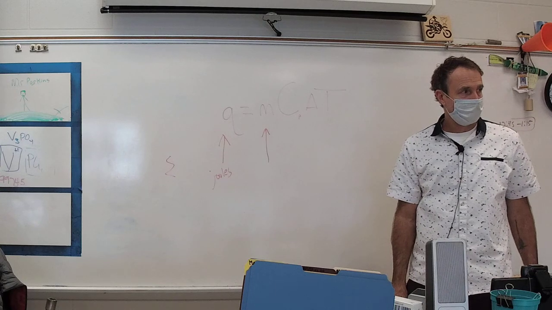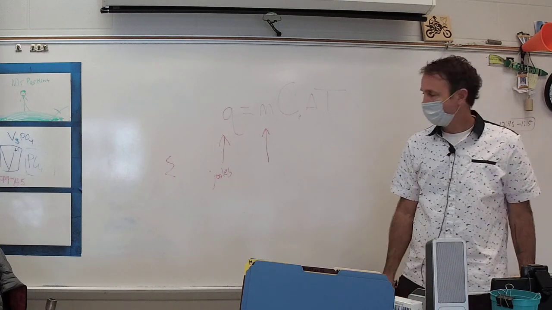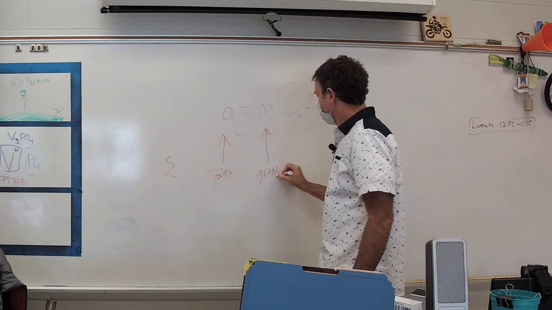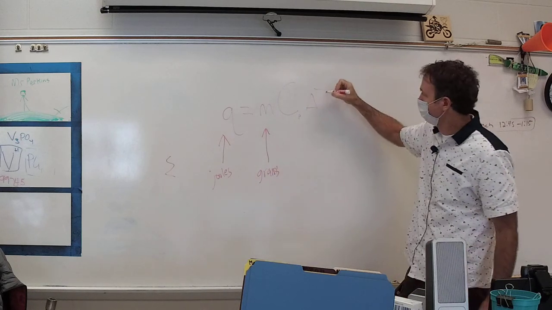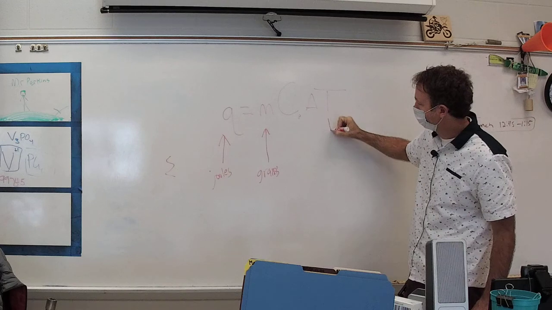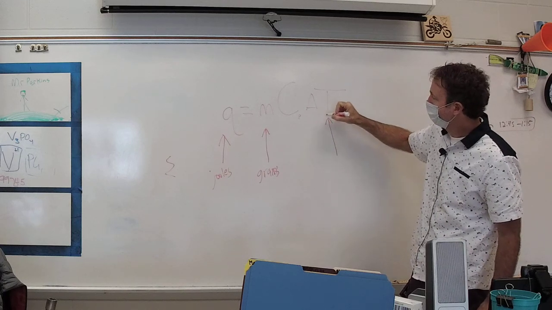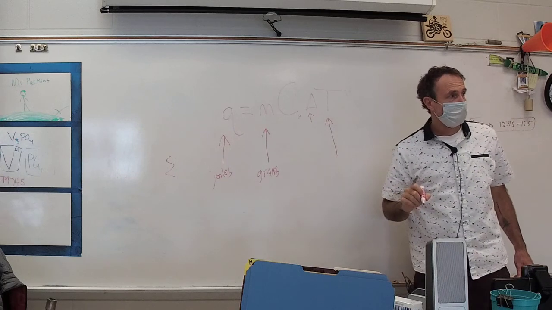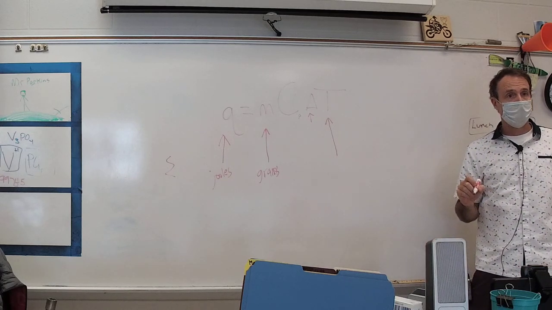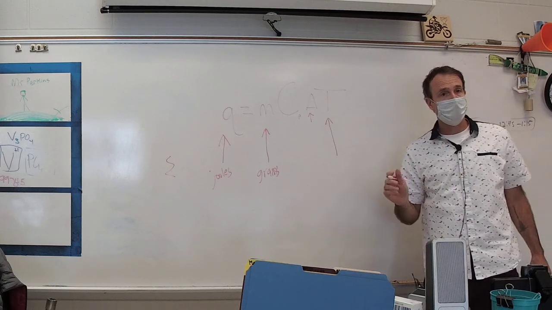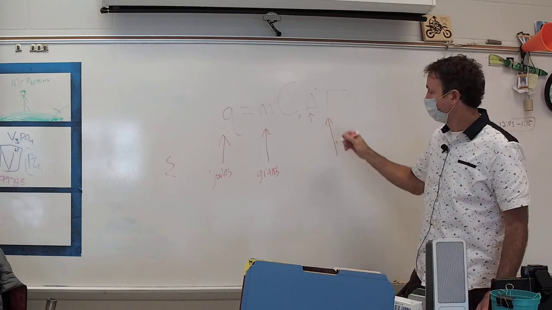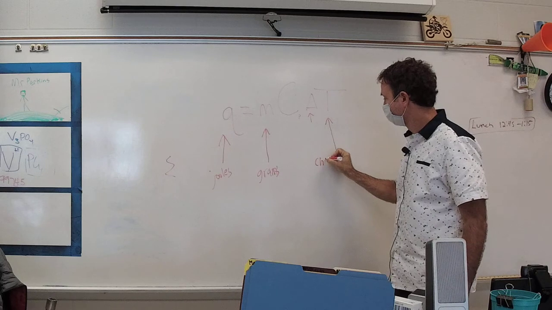What's the M? That's right. M is going to be the mass in grams. And then what do you think T is going to be, Evan? Yeah, and does anybody remember what delta means? It's a simple math term. You've probably heard it before, but delta means the change in. So this is change in temperature.